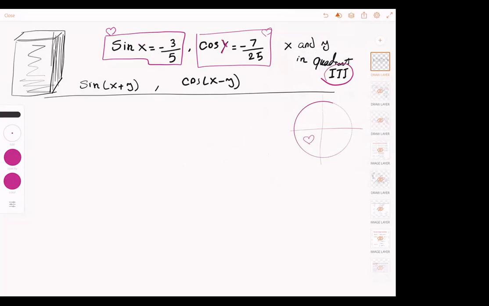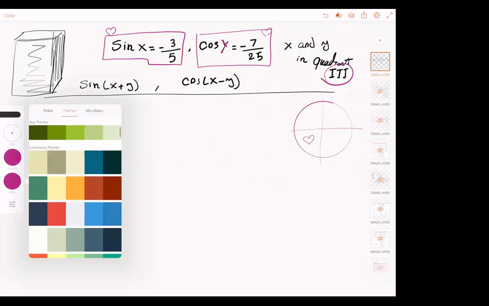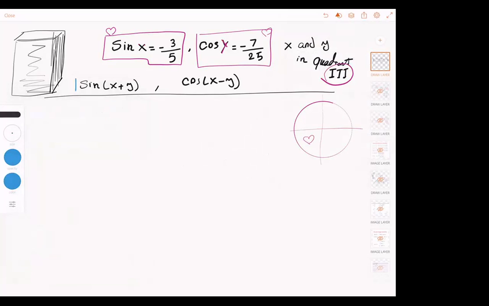So they ask us to solve sine of x plus y. Good. Sine of x plus y, we are saying addition here. You go to the page of note that has all the summation identities.